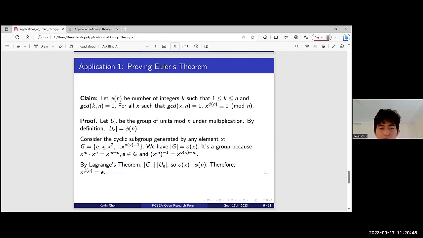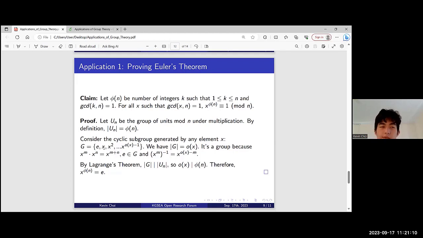So by the Lagrange theorem that I explained earlier, the magnitude of G divides the magnitude of U_n. So we can simplify this as the order of x divides phi(n). This means that phi(n) could be expressed as some k times the order of x, such that k is an integer.